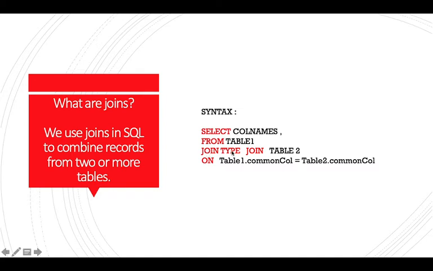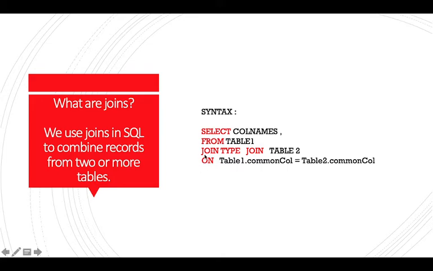Then you'll mention the join type. There are various kinds of join in SQL, like inner join, outer join, left outer join, cross join. A lot of them, we'll get to them one by one. So type of join, then you'll use the keyword join and the table 2 that you're joining with. So from table 1, you'll join table 2, and then we have a very important keyword, that is on.